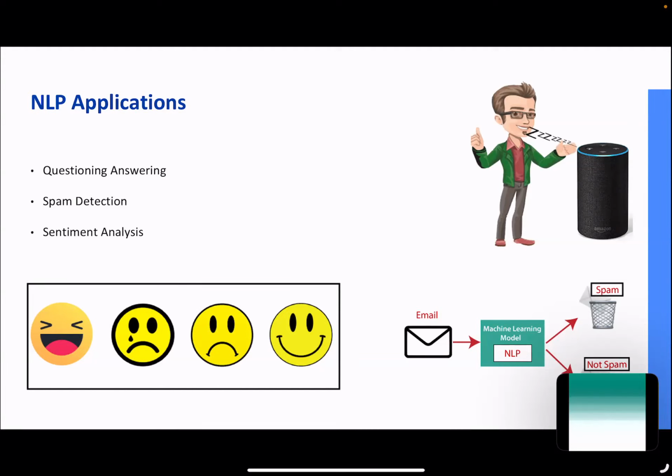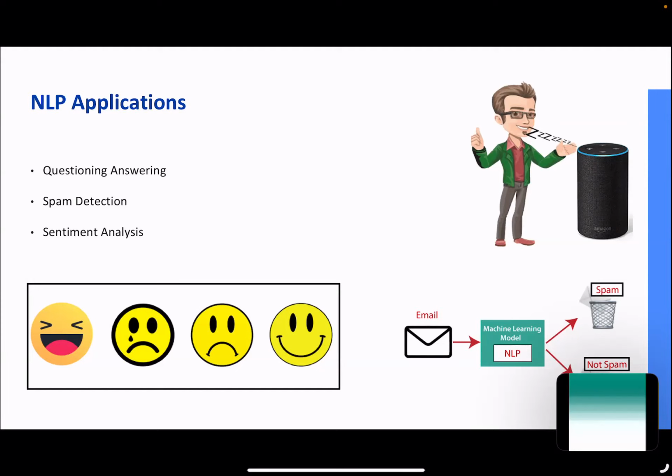Or if we have an information retrieval system, we can pass our query to it, and after performing NLP steps, an information retrieval system like the Google search engine will give us results based on the query we have given to it.